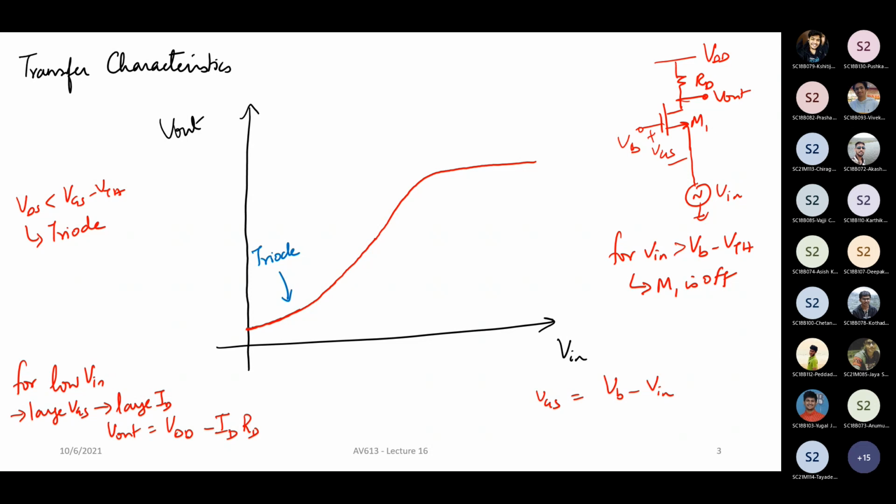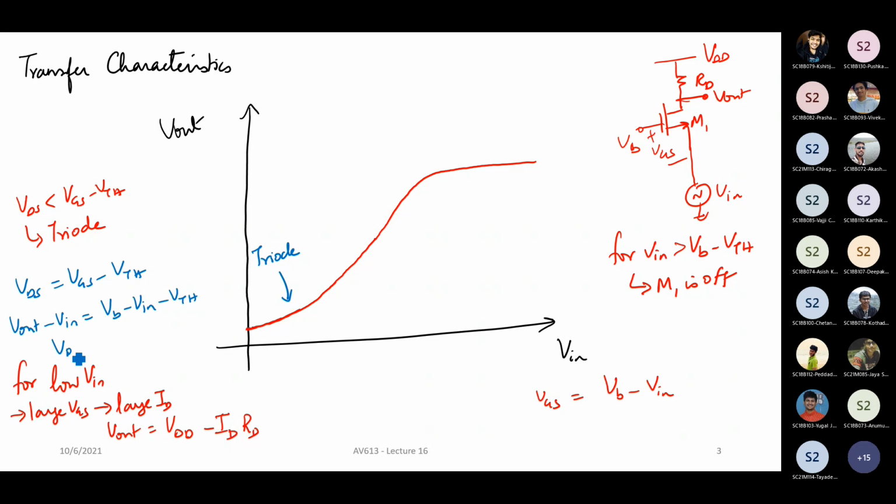So where will it be such that, if you assume square law, what is the edge of saturation? Basically you want your VDS to be equal to VGS minus VTH. Now what is your VDS? VDS is Vout minus Vin, and this is VB minus Vin minus VTH.